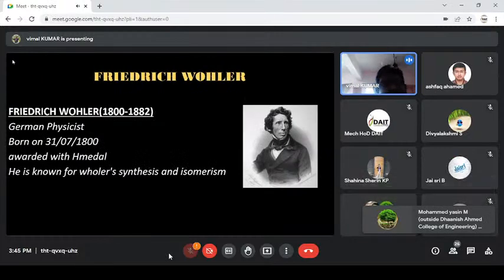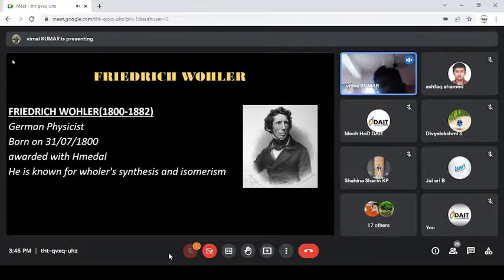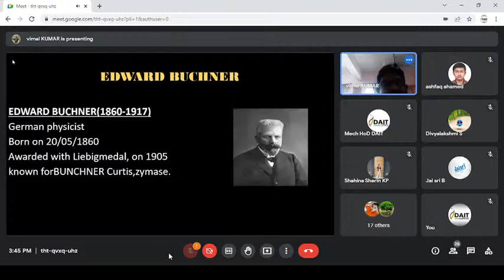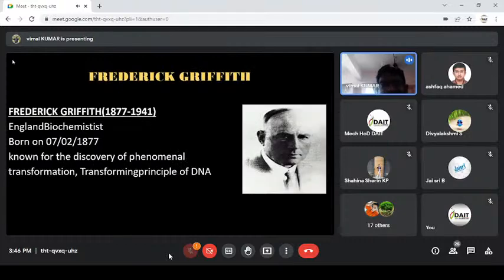Like that, I have given you a number of scientists. Friedrich Wöhler is the German physicist. He was awarded the Copley Medal. He is known for synthesis and isomerism. Then Eduard Buchner, a German scientist, was awarded the Liebig Medal in the year 1905 for Buchner's zymase. Like that, I have discussed all those.